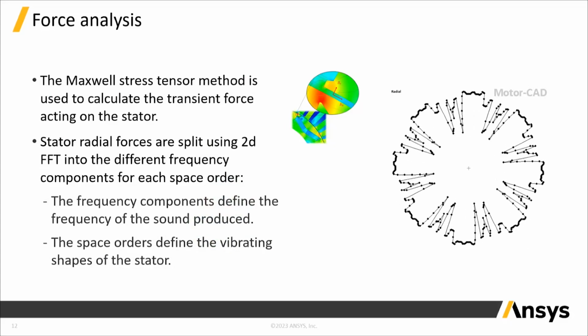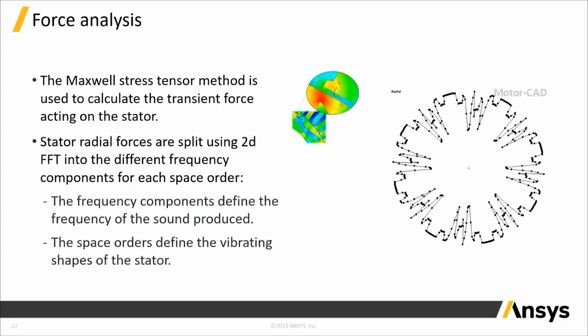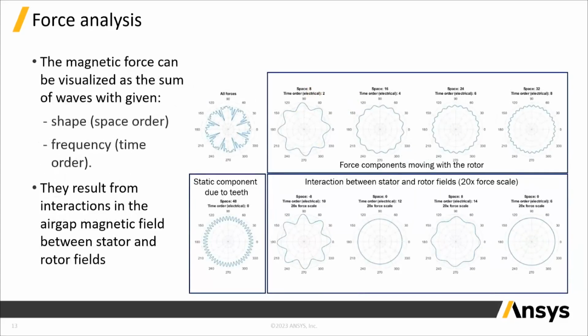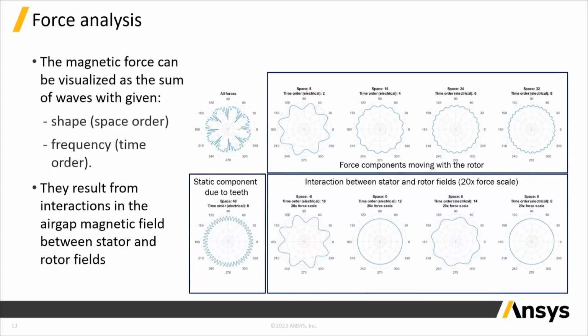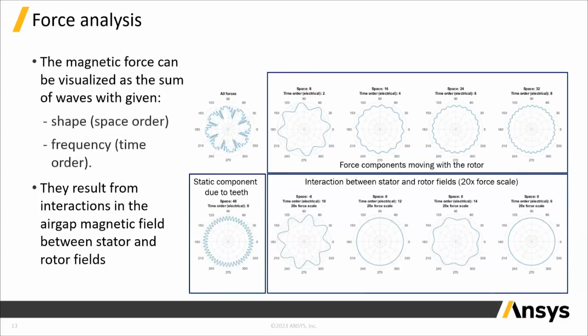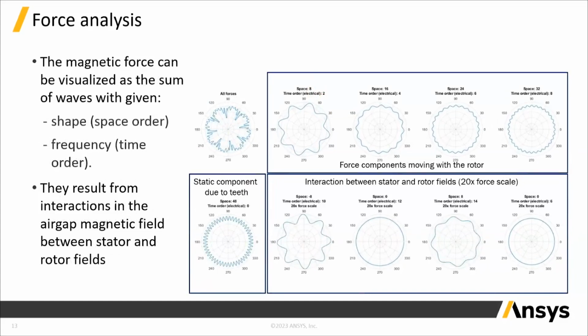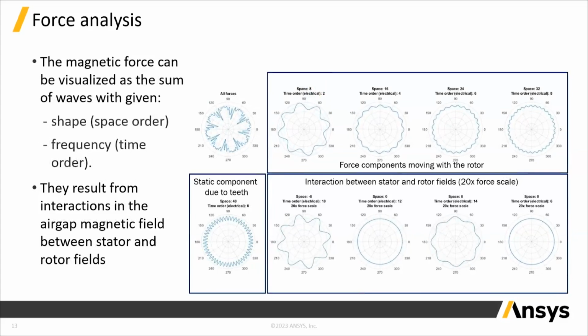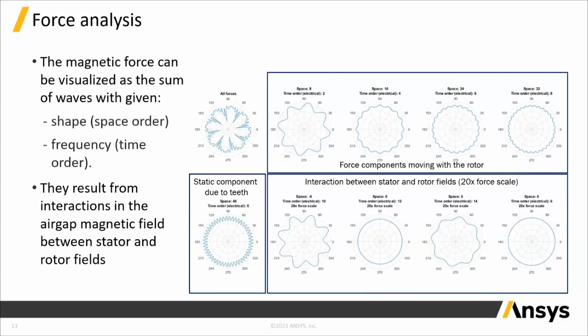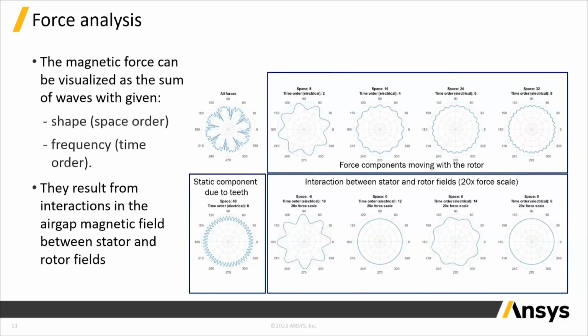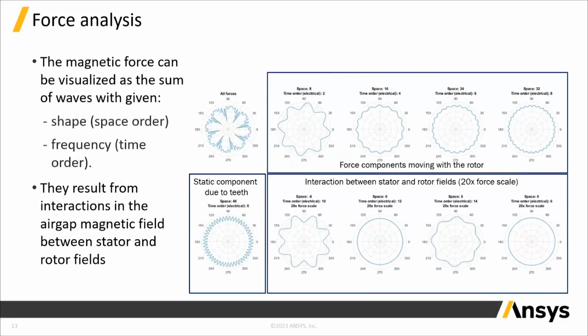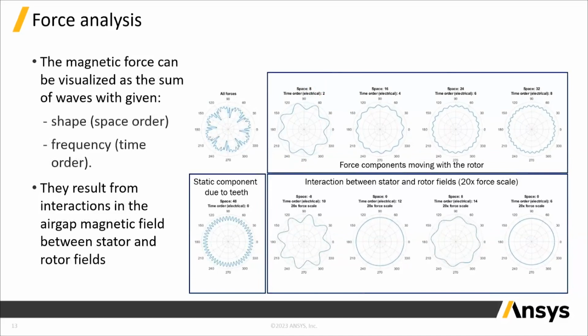So what do we mean by the frequency components and space orders? The frequency or time order components define the frequency of the sound produced, and the space order defines the vibrating shapes taken up by the stator. These are both important to look at together because the stator will respond very differently depending on the shape of the force being applied to it.